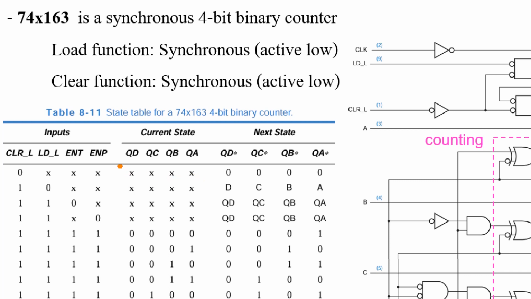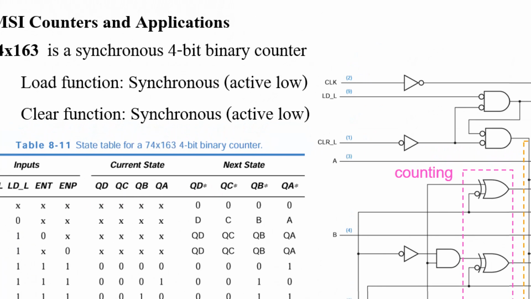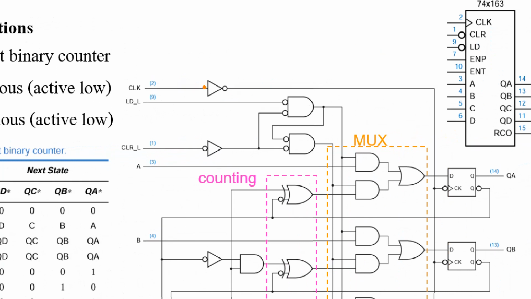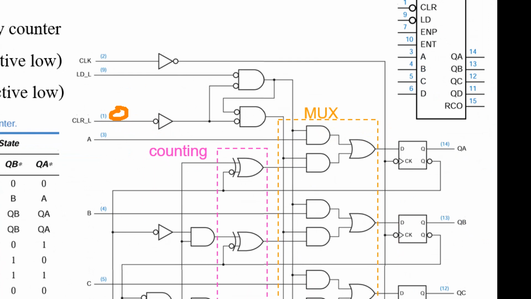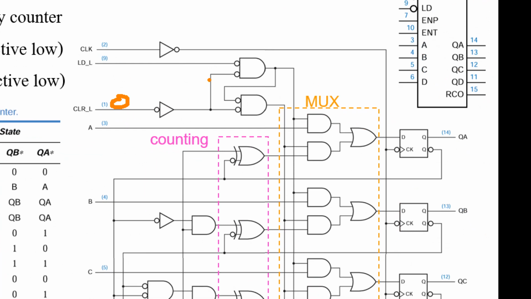This x may be 0 or 1, right? Don't care, okay? So, how does it work? For example, when clear is 0, this output will be 1, right? 1 here, 1 here.